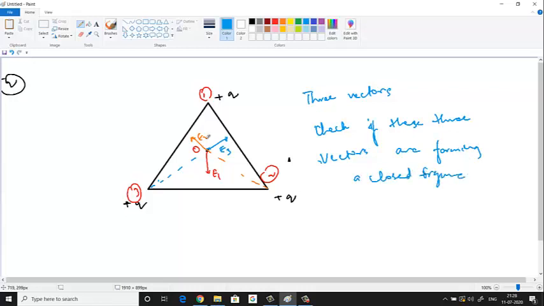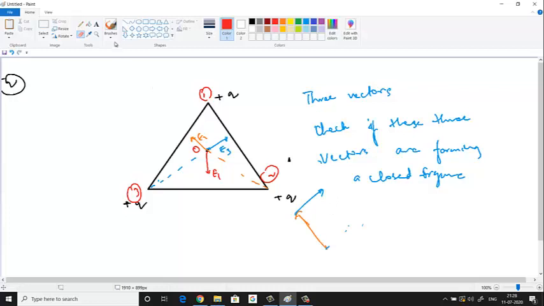See, E1 is in this direction, so let me draw E1 like this. What about E3? E3 is like this, but I can shift this E3 here. How can I shift? Because vectors can be shifted parallelly. This is called parallel sliding.